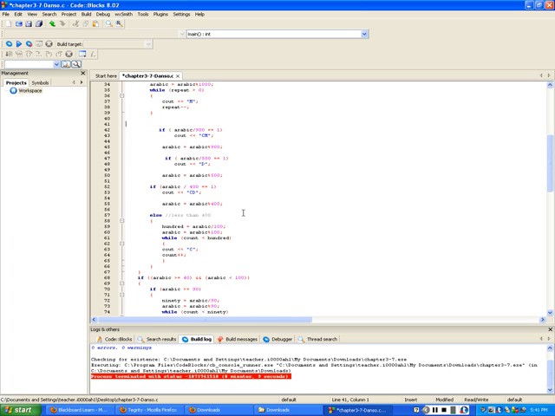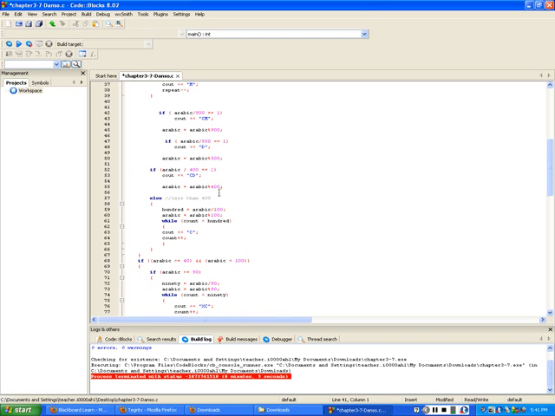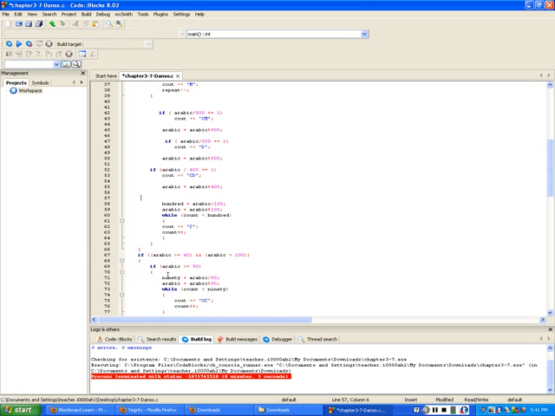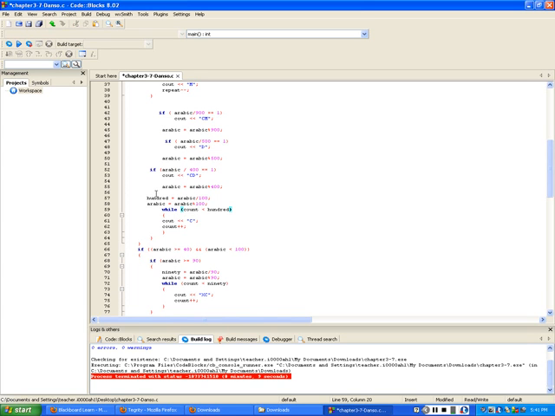Okay, so we got to 400, and we're going to take this one out. Okay, so we're going to say 100 equal Arabic divided by 100. Now that's going to be the while. That's going to be the while 100 is going to be greater than 0.